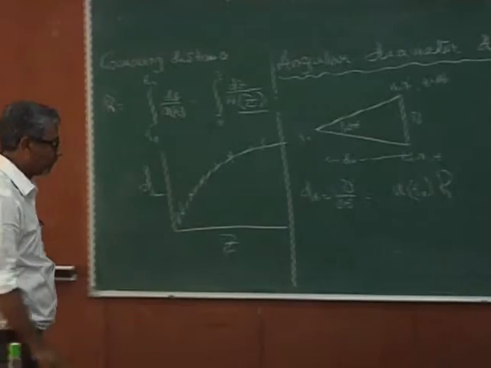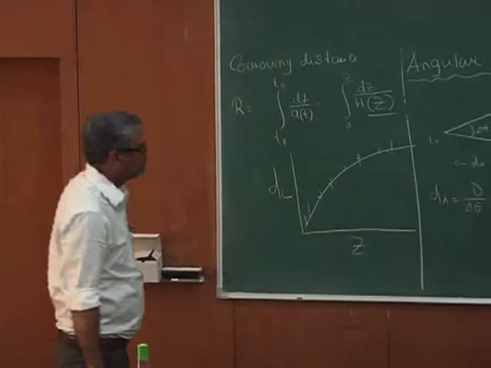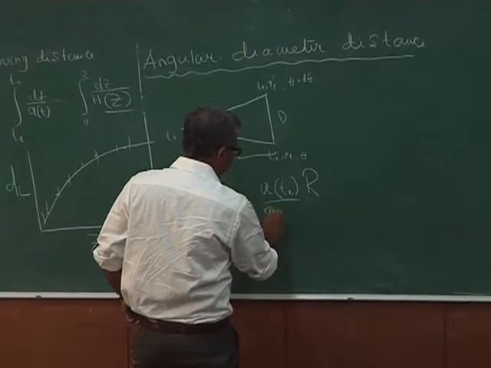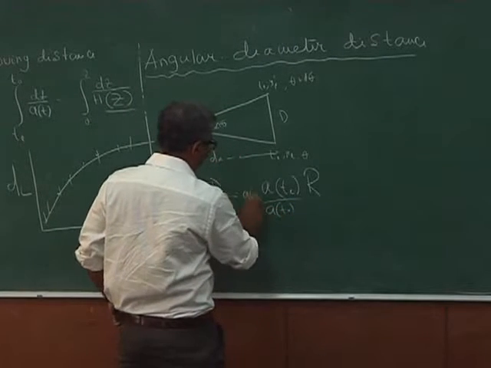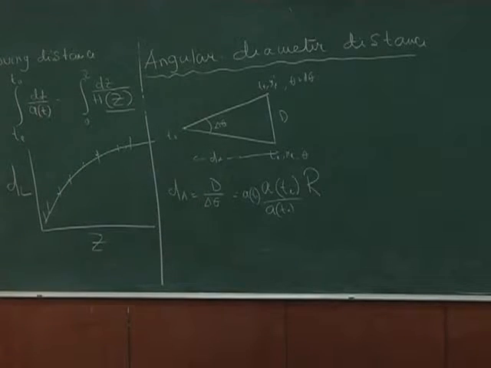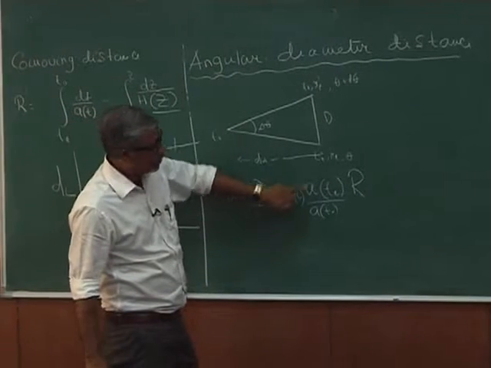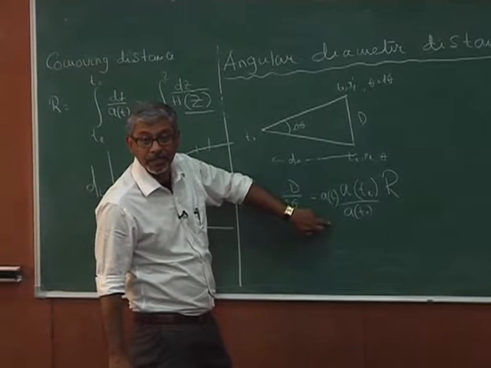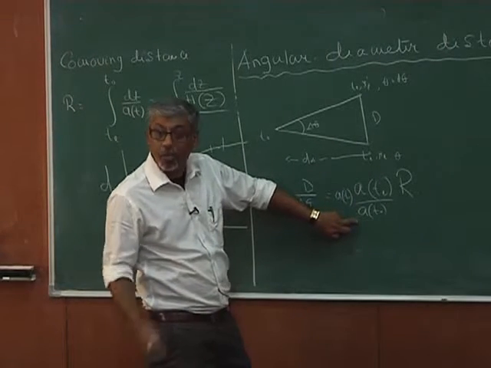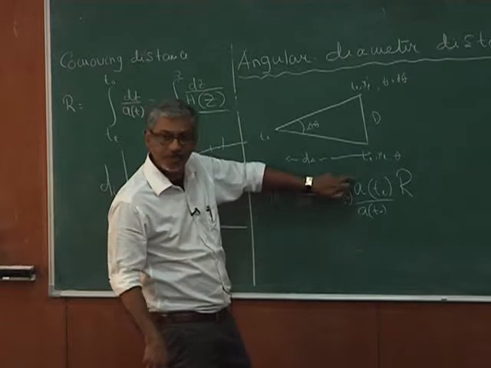Okay. So, these get cancelled. If I put a naught over here, a naught over here, okay, what is this? a at t by a at t naught is 1 by 1 plus z, because this by this is 1 plus z, fine.